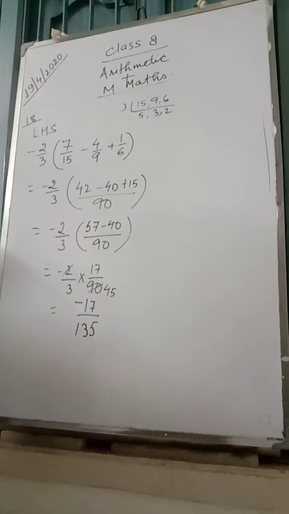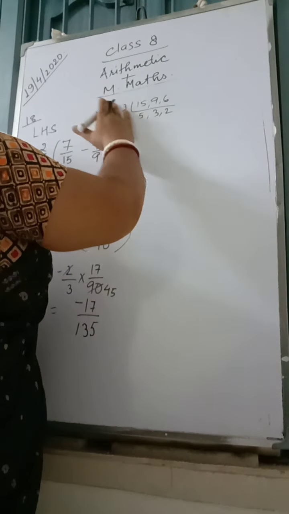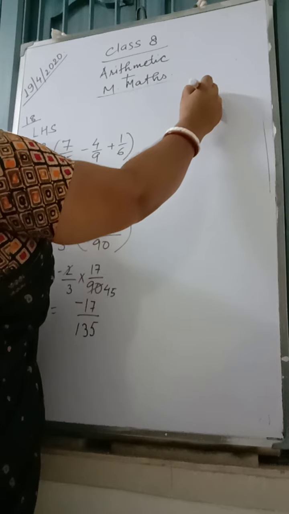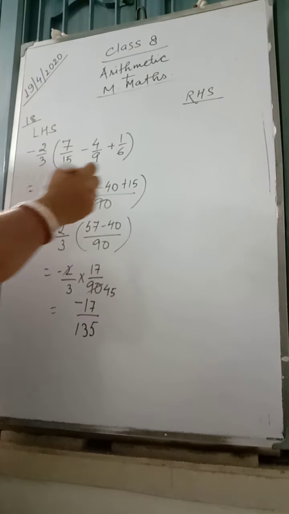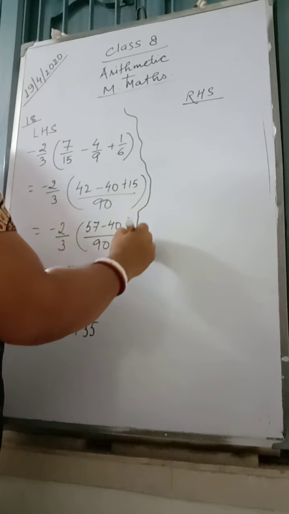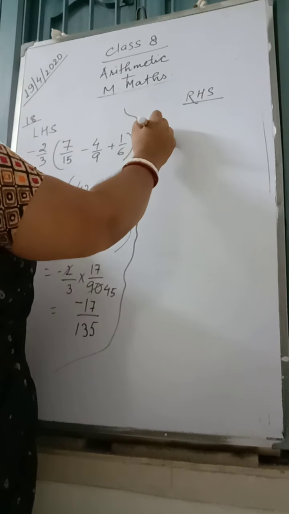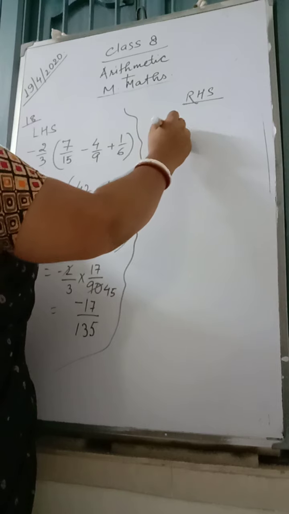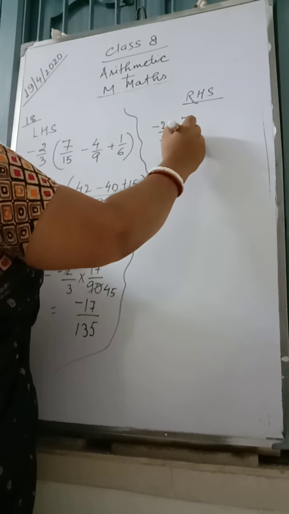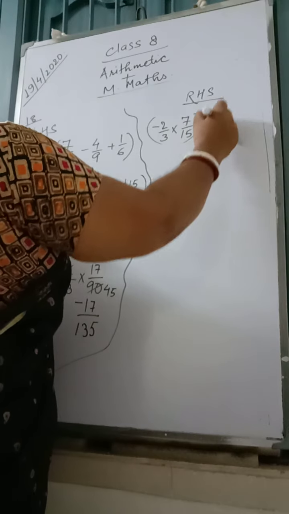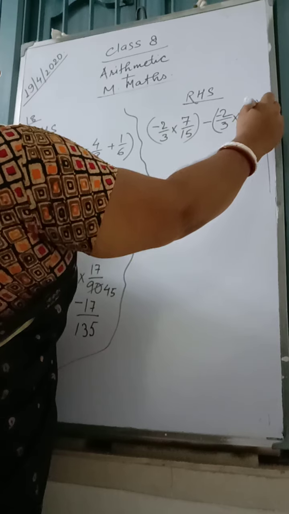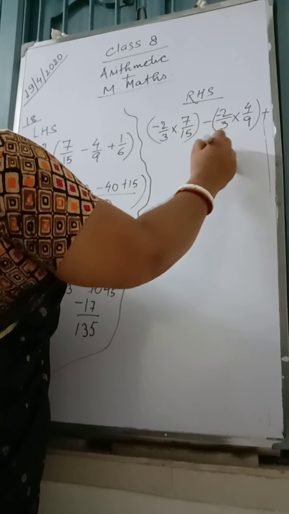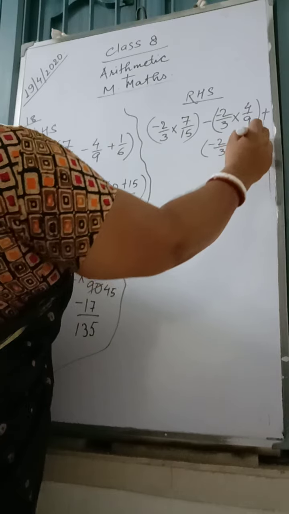Now come to the right hand side, RHS. It is given minus 2 by 3 into 7 by 15 minus minus 2 by 3 into 4 by 9 plus minus 2 by 3 into 1 by 6.